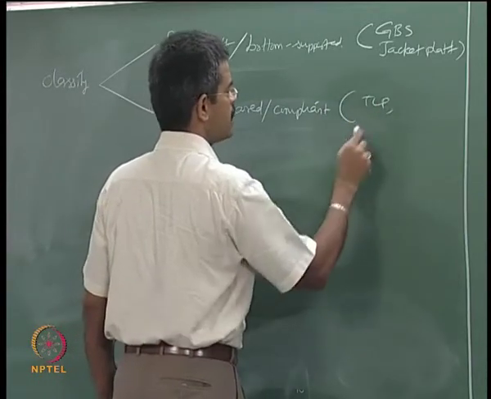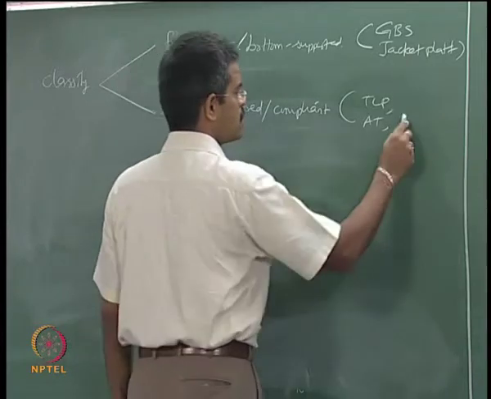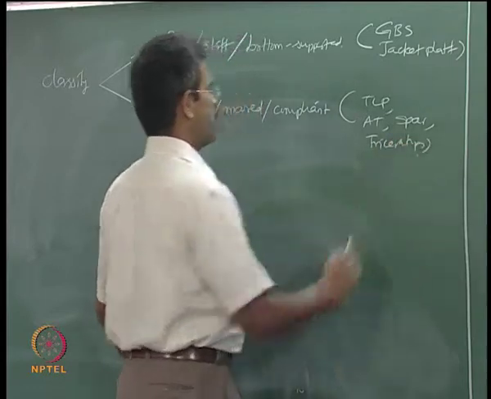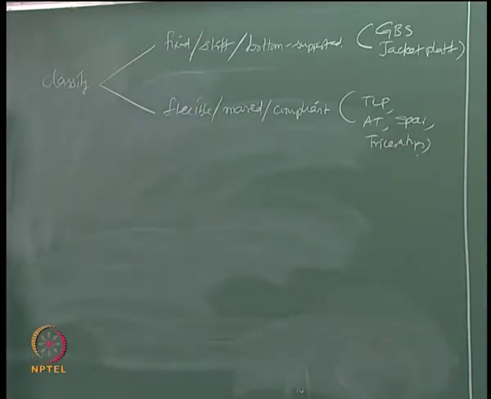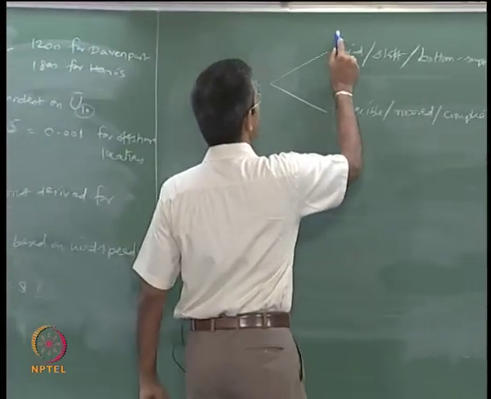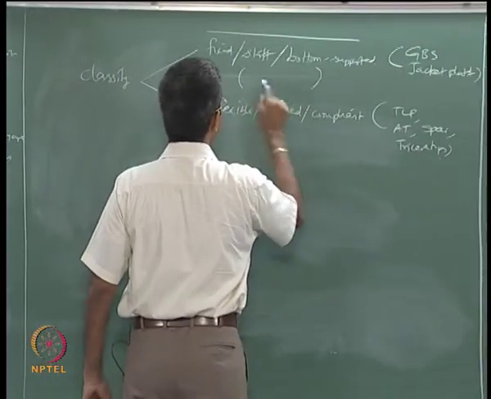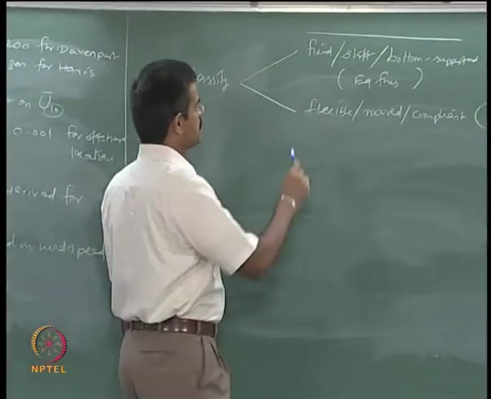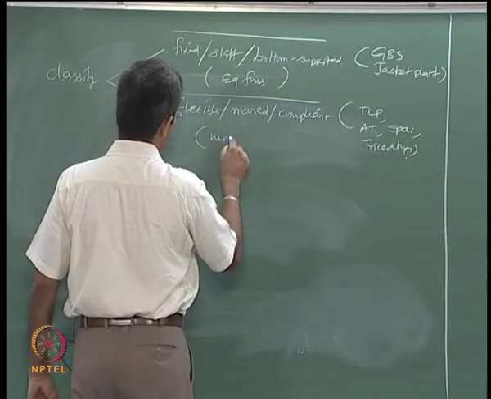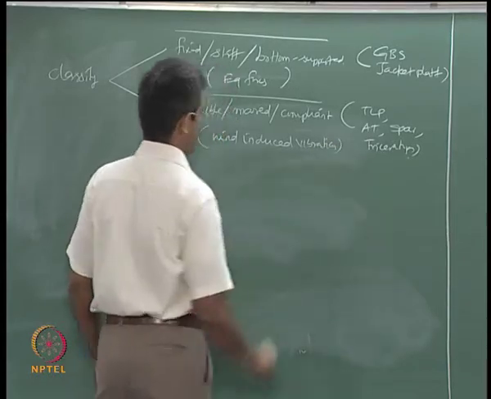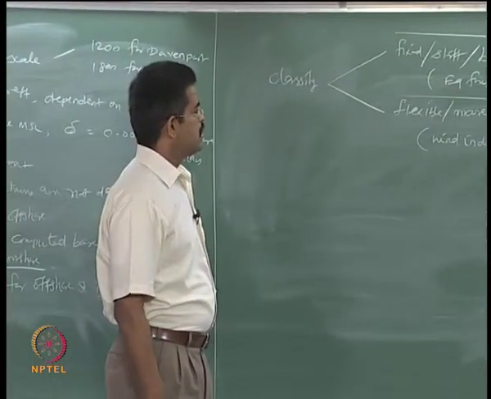Examples could be TLP, articulated towers, spar, triceratop, etc. We have already seen in the last lecture, if you recollect, that as far as forces acting on marine structures are concerned, the fixed type structures will be more prone to earthquake forces, whereas the compliant type structures will be more prone to what we call wind induced vibration. That is one part of the argument.